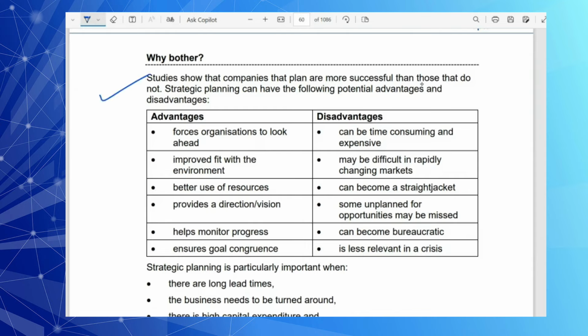Strategic planning can have the following potential advantages. If the company has strategic planning for their long-term planning, there will definitely be advantages and disadvantages. Advantages include: it forces organizations to look ahead for the next 5 years. First they see next year 2025, 26, 27, and so on.